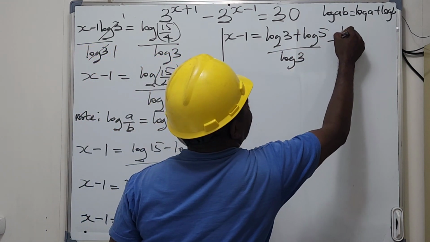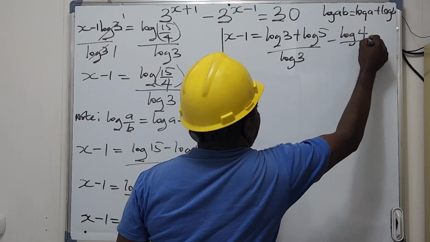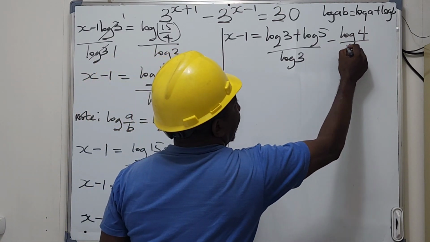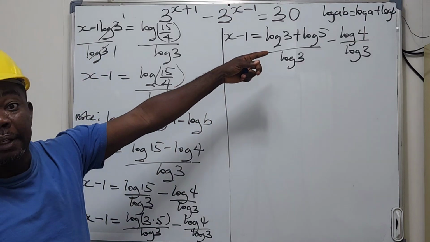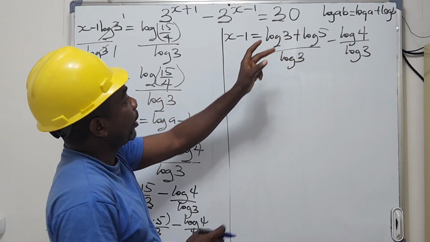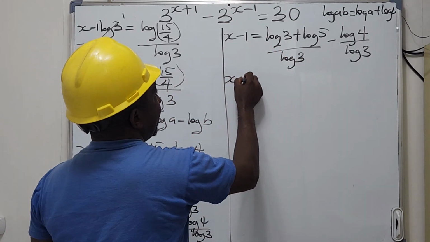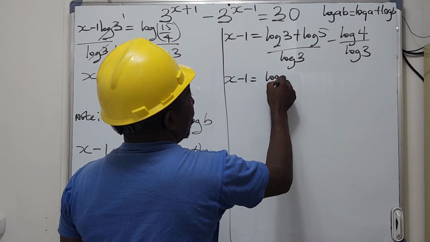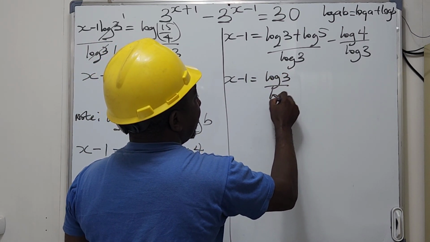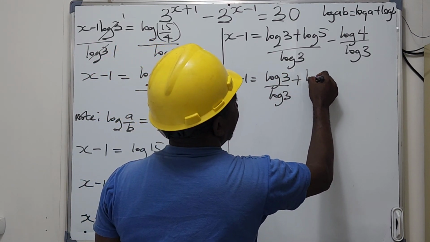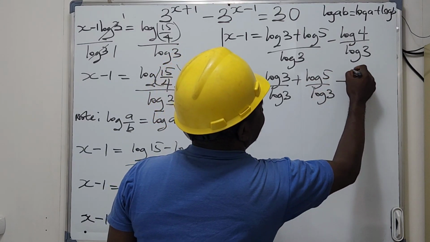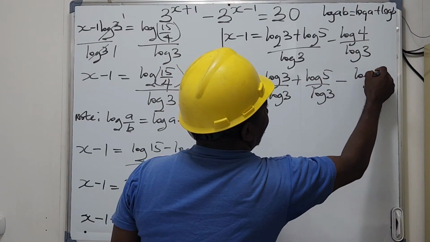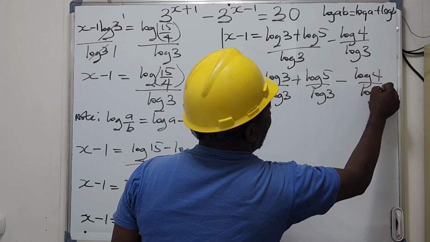We have minus log 4 divided by log 3. So we express this in that format. So we are going to separate each of these. So we have x minus 1 equals log 3 divided by log 3 plus log 5 divided by log 3. Then we have minus, we bring down log 4 divided by log 3.